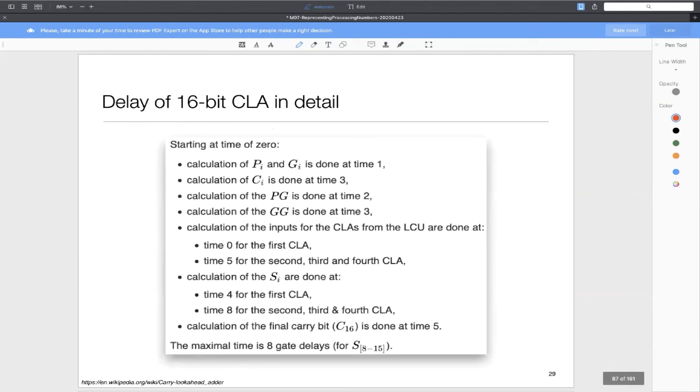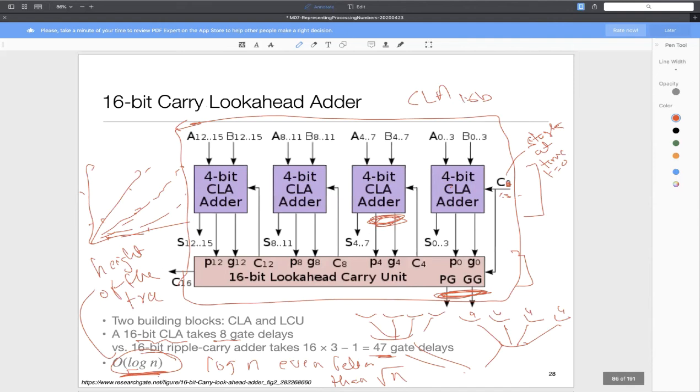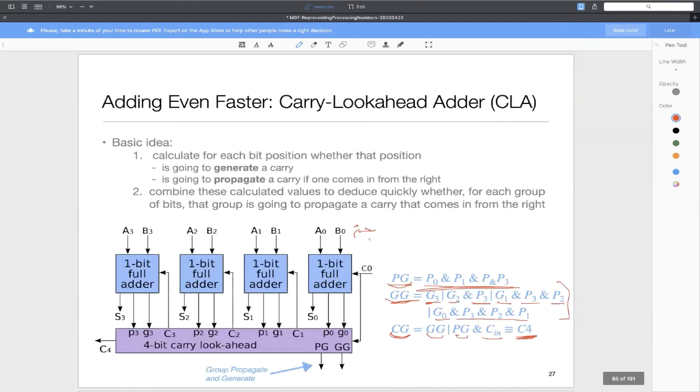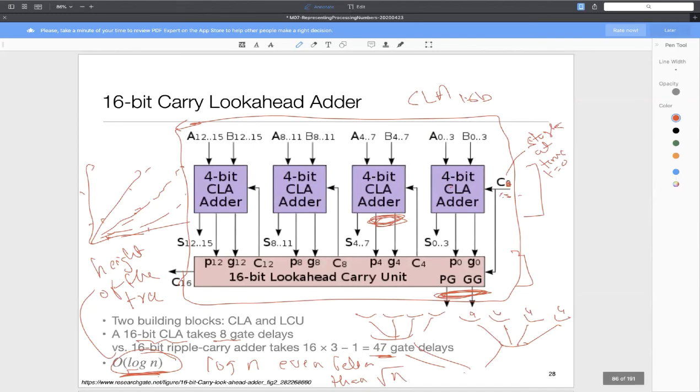Out of this group, it's not really any different than what was happening here. Here I was taking 4 1-bit adders and combining them into a group of 4. In this slide, I'm taking 4 groups of 4 and combining them to form a module of 16 bits. At every group, I have a group propagate and a group generate.